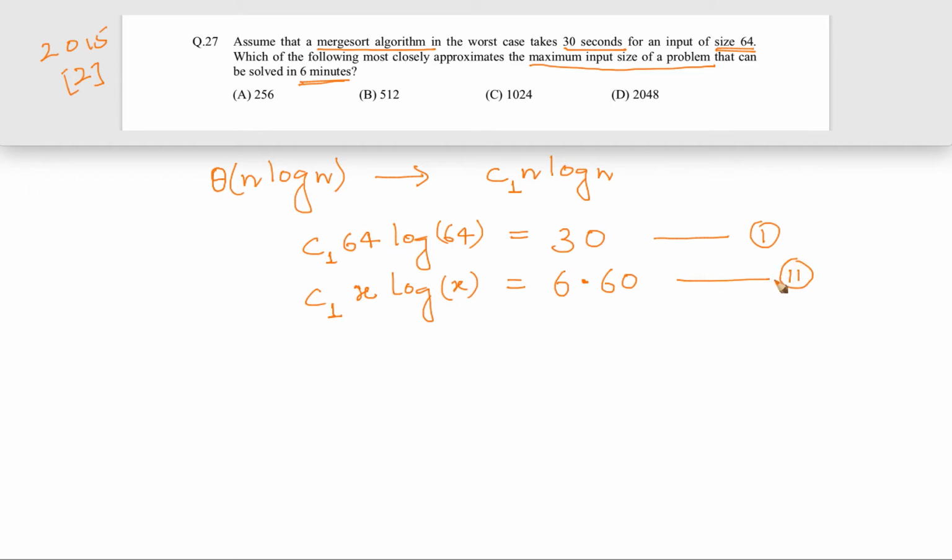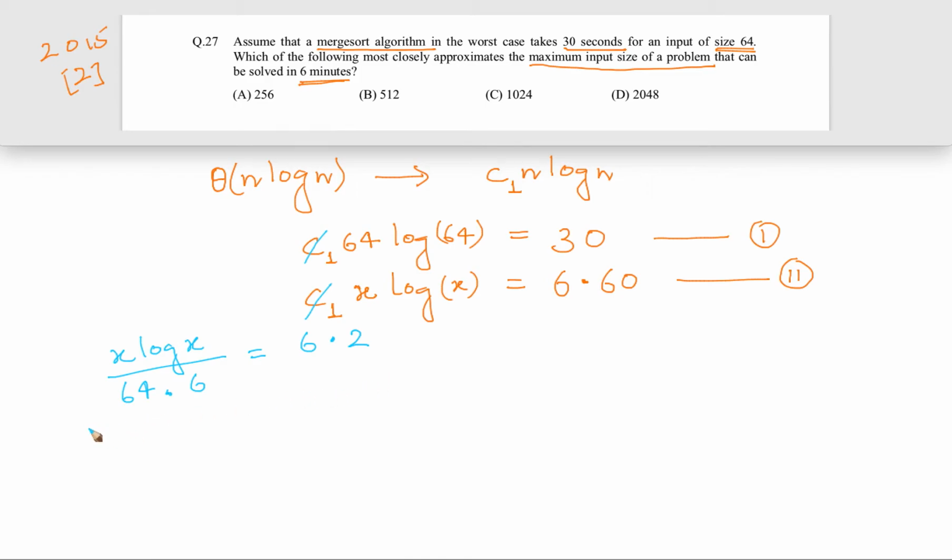Now when we divide equation number 2 by equation 1, c1 gets cancelled, so we get x log x divided by 64 into log 64, which is basically 6, is equal to 6 into 60 divided by 30, so 6 into 2. So this is going to be the equation.